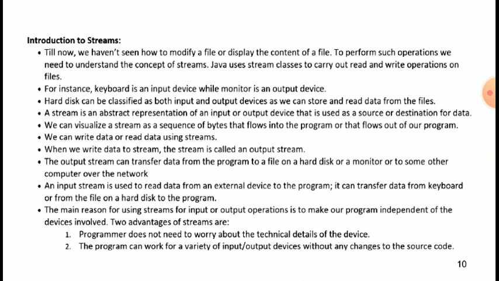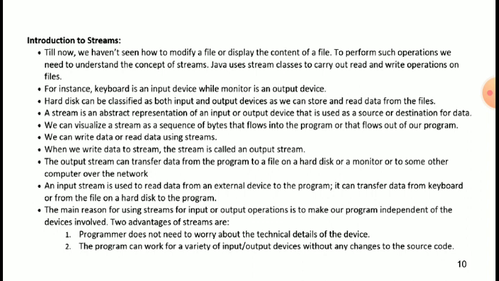When we write data to a stream, the stream is called an output stream. The output stream can transfer data from the program to a file on a hard disk or a monitor or to some other computer over the network. An input stream is used to read data from an external device to the program. It can transfer data from keyboard or from the file on a hard disk to the program.